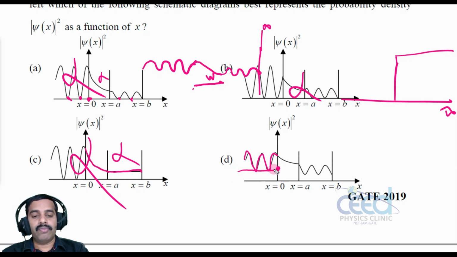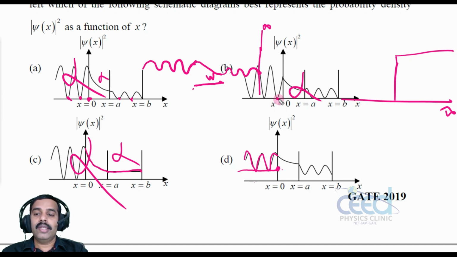When we plot the graph, it never touches the x-axis, because touching the x-axis at any point would mean no probability there.